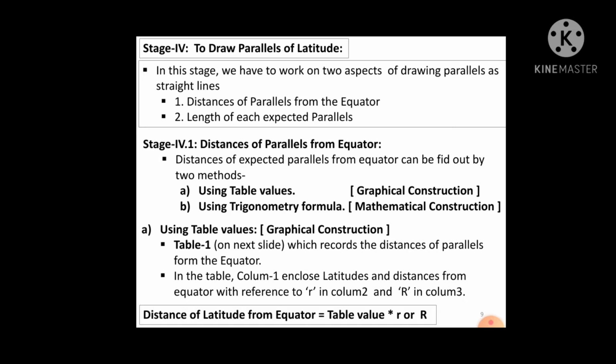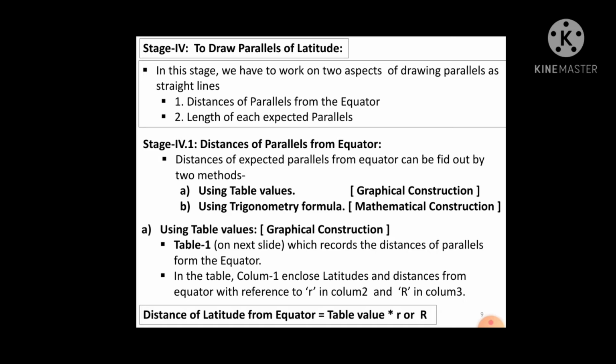So let's talk about stage 4.1, that is the distance of parallel from the equator. The distance of the expected parallel from the equator can be found by 2 methods. One is using table values, which is given and available in any book. That kind of table is mostly used while you are drawing the projection by the graphical construction approach.